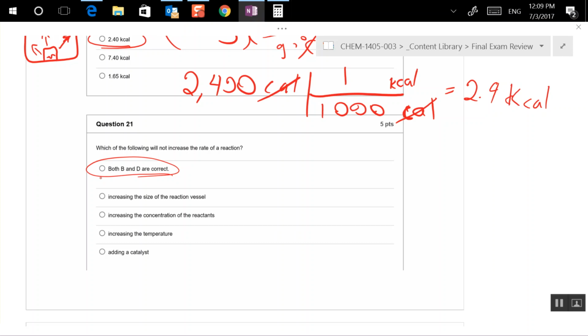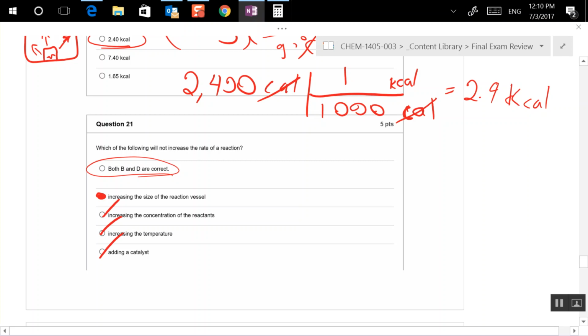Okay, so I have 1, 2, 3, 4 things here. Which of the following will not increase rate? Increasing the size of the reaction vessel? No. Increasing the concentration of the reactants? Yes. Increasing the temperature? Yes. Adding a catalyst? Yes. So which one will not increase the rate? Just this one. So there are 2 of those things, this one and this one, that will increase the rate.